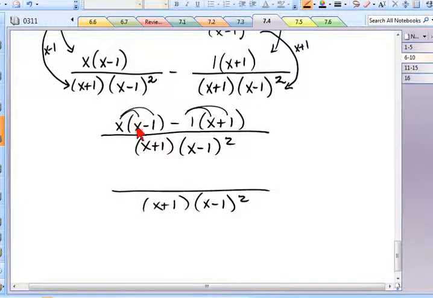X times x gives me x squared. X times negative 1 gives me negative x. What are you distributing to the second group? Negative 1. So made it go away. Negative 1 times x is negative x, and negative 1 times 1 is negative 1.